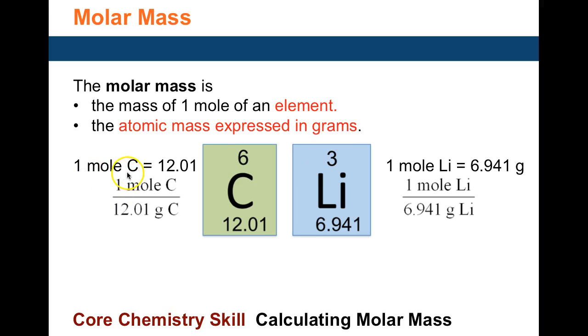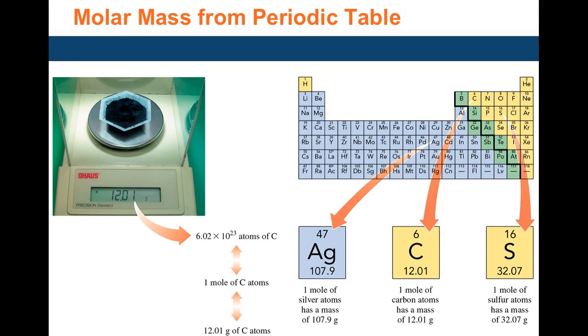1 atom of carbon is 12.01 AMU, atomic mass units, but 1 mole of carbon is 12.01 grams. 1 mole of lithium is 6.941 grams, and you can use this as a conversion factor. All right. So basically look at the numbers under the elements in the periodic table. That's the molar mass.